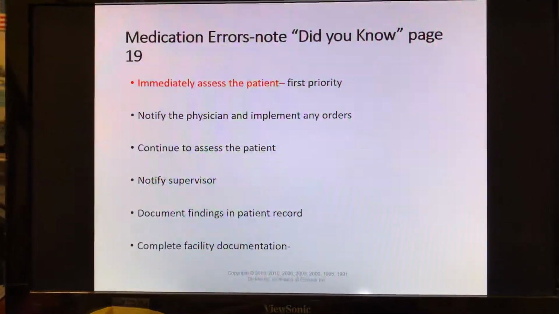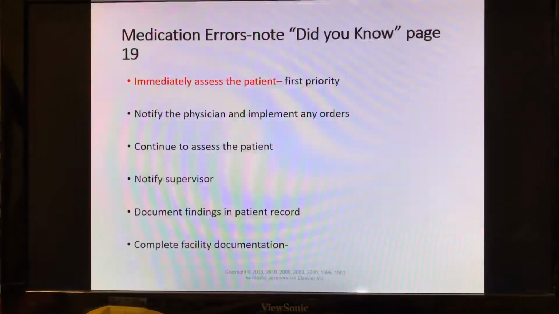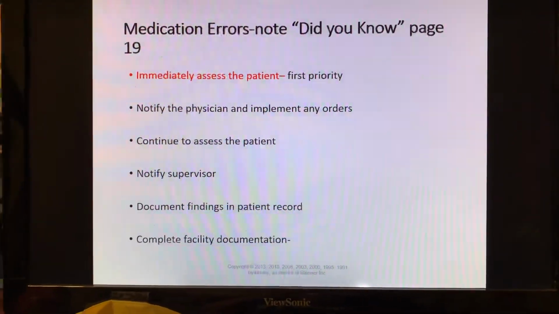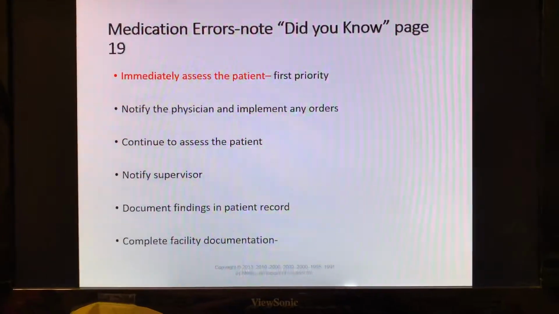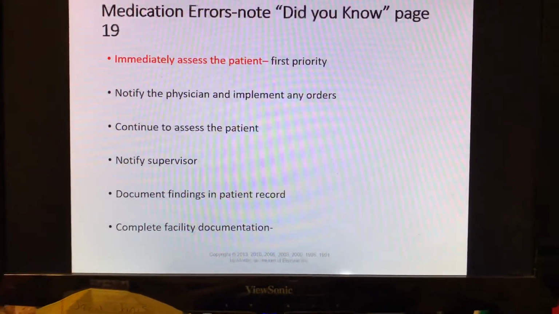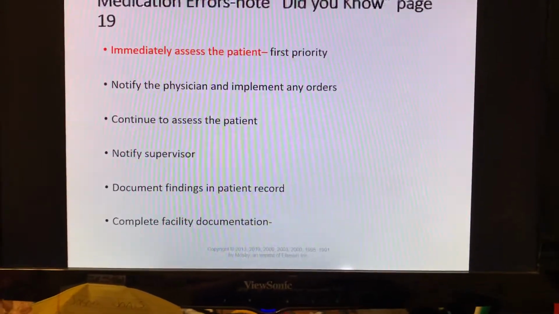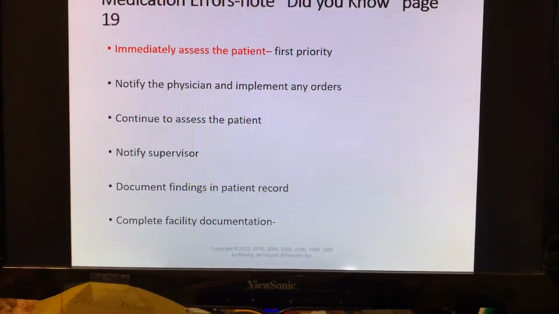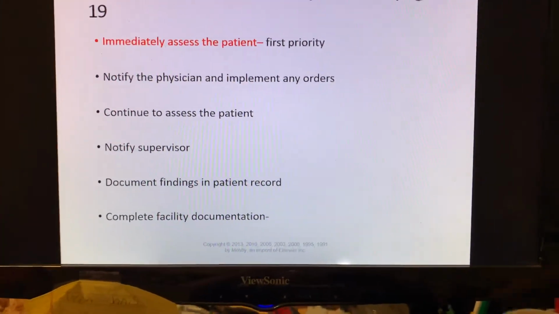Patient received 20 milligrams hydralazine IV. Order was for 10 milligrams hydralazine IV. Current vital signs, and then you enter them. Physician notified. No orders received. We'll continue to monitor.